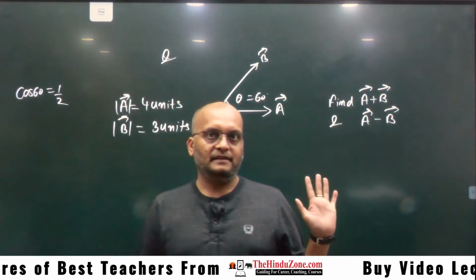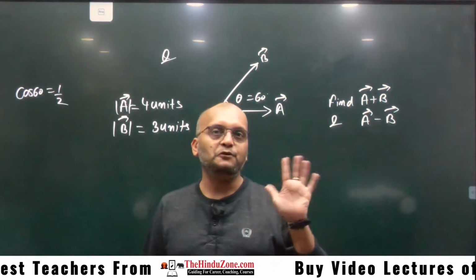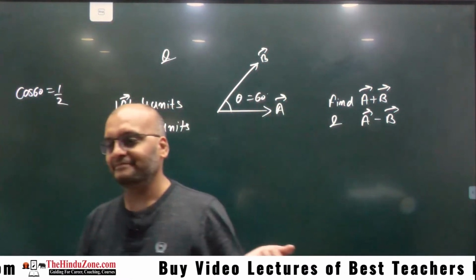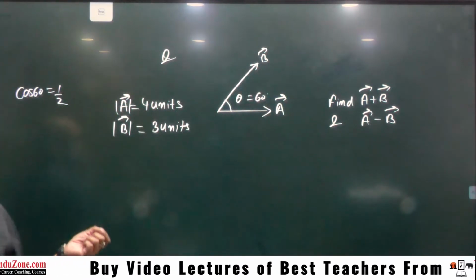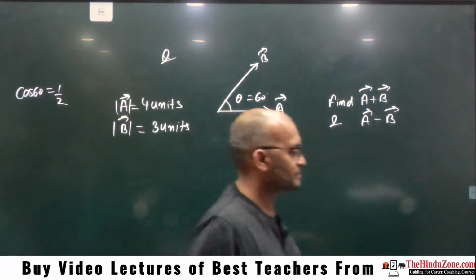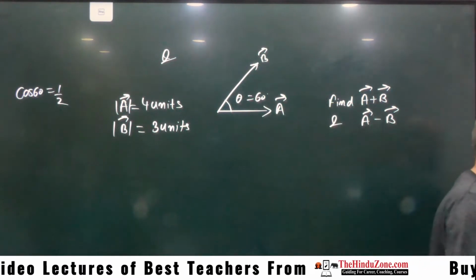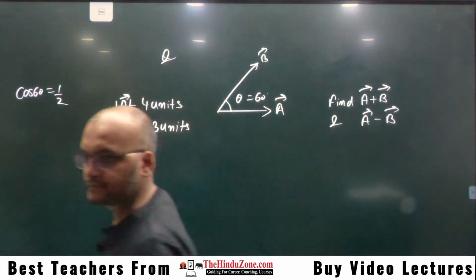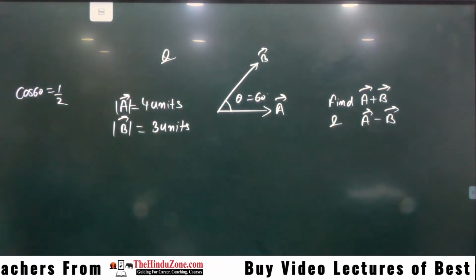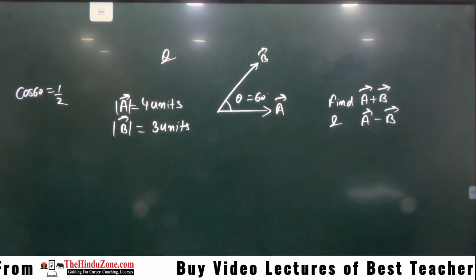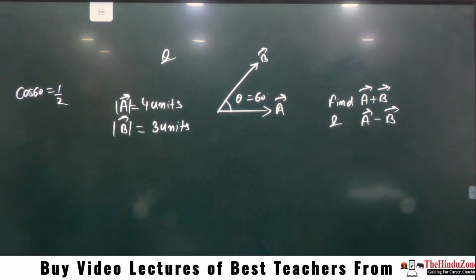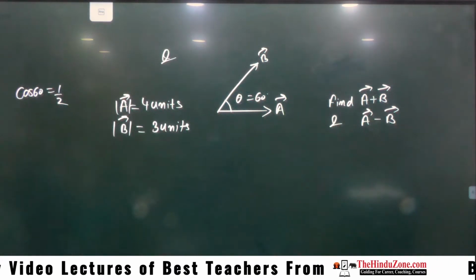You tell me what answer you got. Manal. Sir, A plus B is equal to root 37, A minus B is equal to... And you have to find the angle also, no? It won't be told again and again.